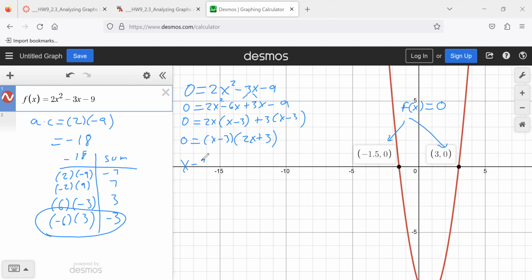Now set each one to 0. Solve for x. Right, which is, this is your 1.5, right?